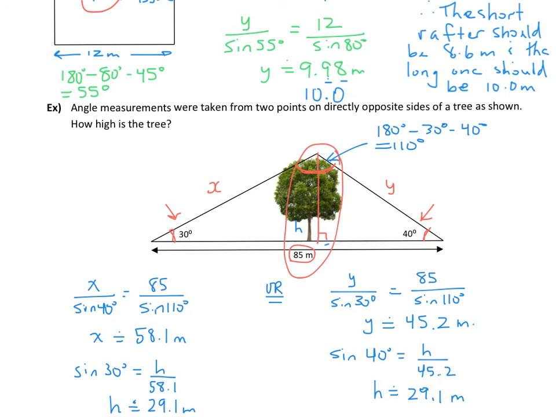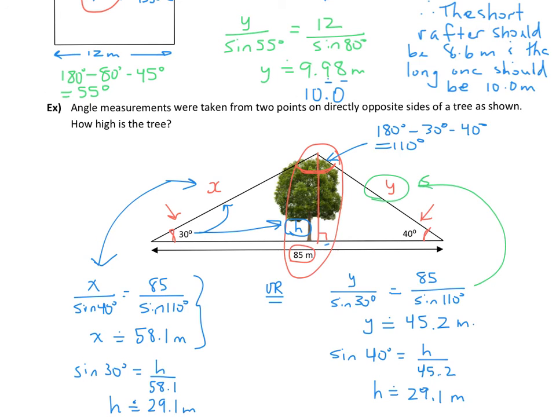So I solved for the angle on top and got 110 degrees. If you're solving for side X here, then these are the processes that I would go through to solve. I got X being 58.1, and then I used the right angle triangle on the left of the diagram to solve for the height of the tree with my SOHCAHTOA, because with sine, we have the opposite that we're trying to solve for, and we have the hypotenuse now that we solved for X. We could also have figured that out using our Y value instead.